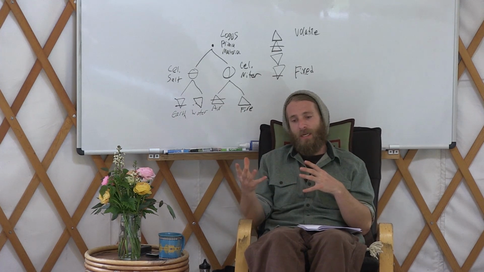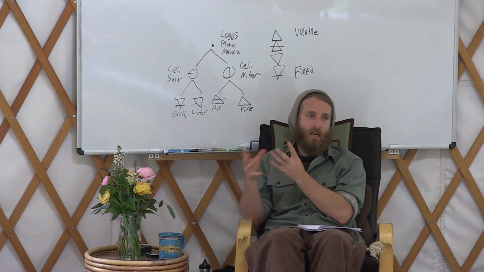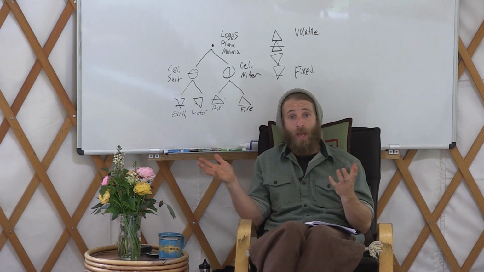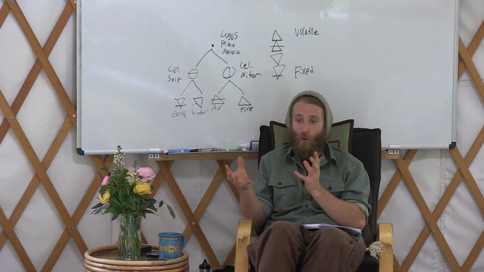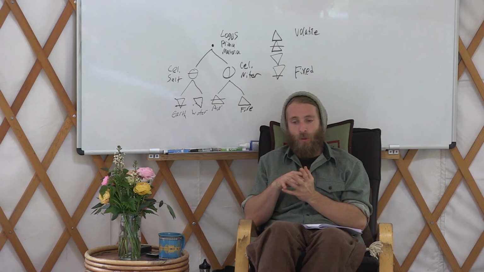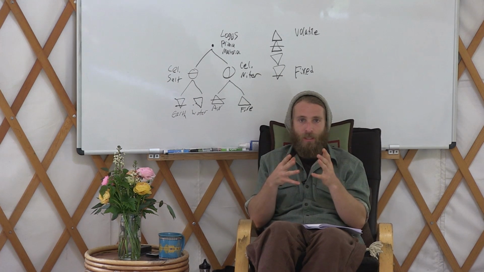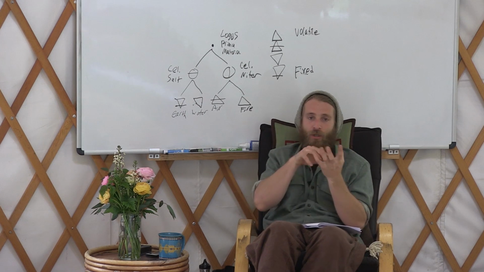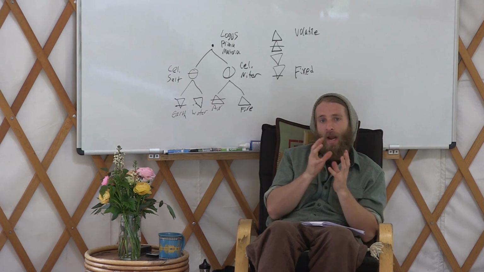So we oftentimes see, because the elements never exist in isolation. It's actually impossible for the elements to exist in isolation. They only exist in relationship with one another. And so that's typically what we see in a person, usually combinations of the elements interacting with one another.